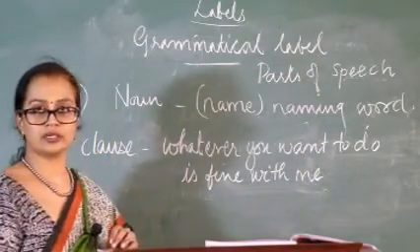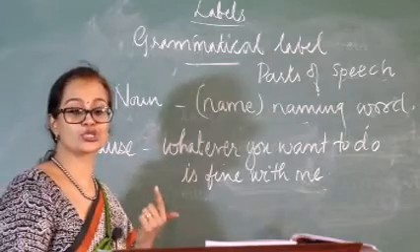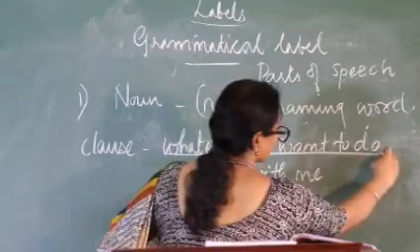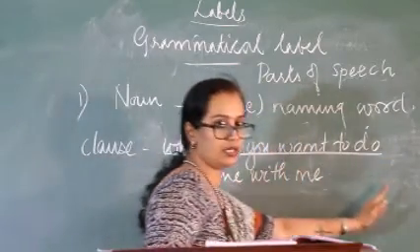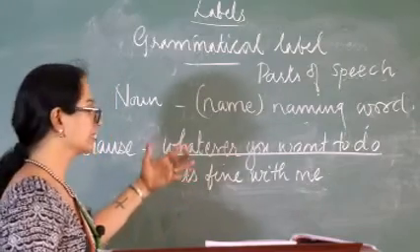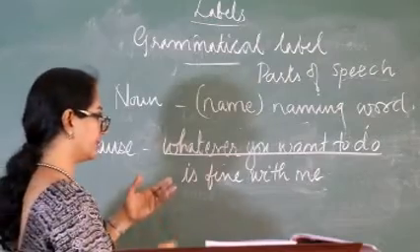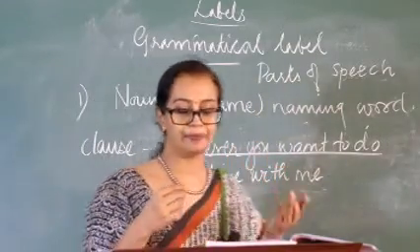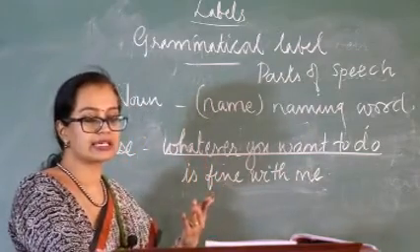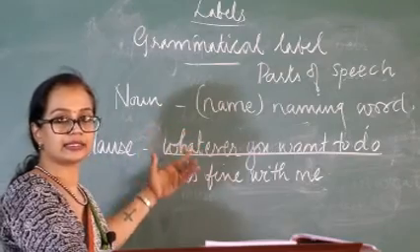Now look at the clause here. Which is the clause here? Whatever you want to do is the clause. Whatever you want to do, this whole part becomes the clause. So this is labeled as noun. Okay. So when it comes to labeling, it is concerned with 3 levels: the word, the phrase and the clause.